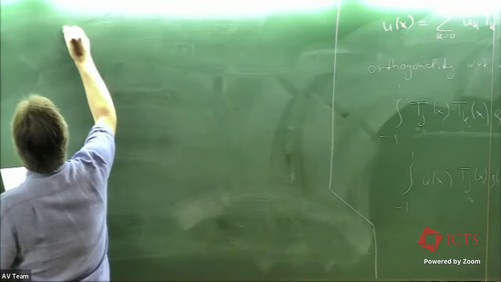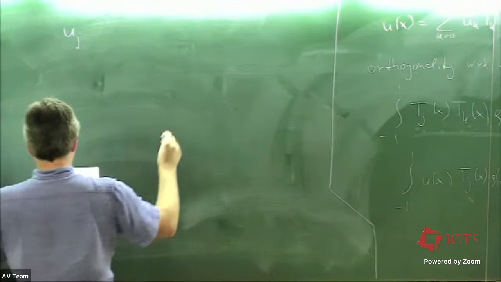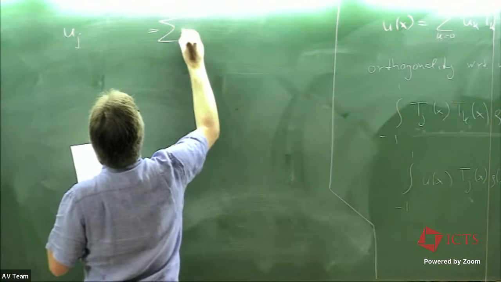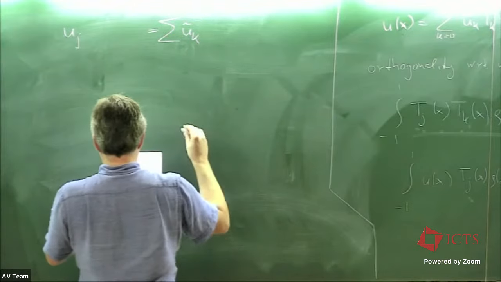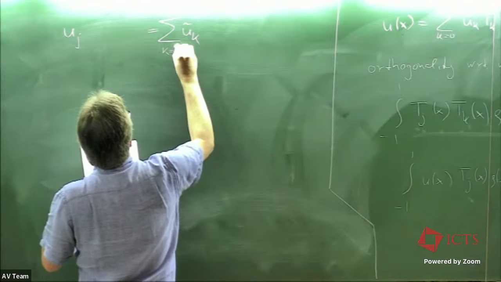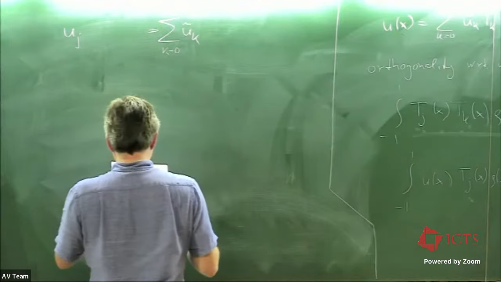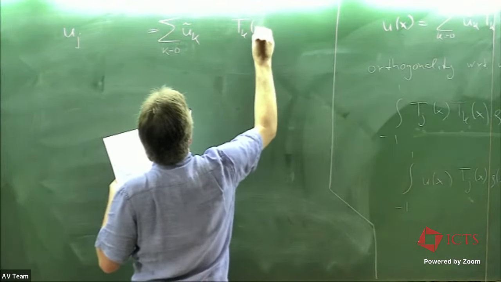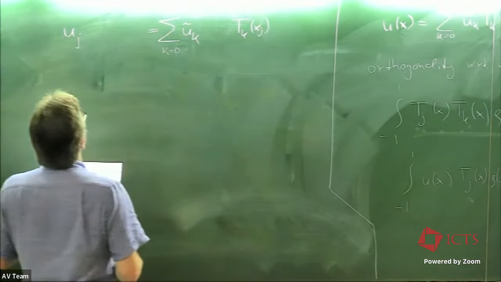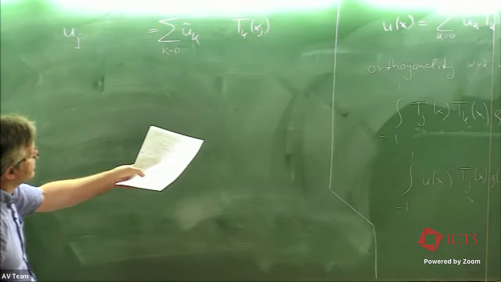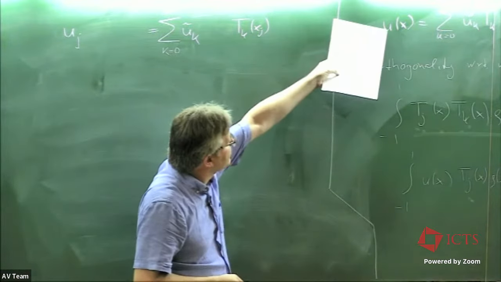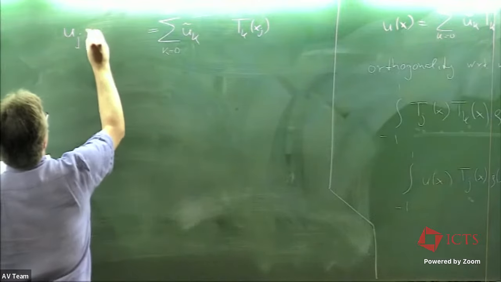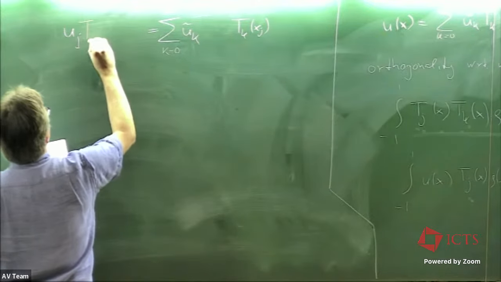So we have the u_j equals the sum over the u tilde_k, k equals 0 to n minus 1, and we have a T_k of x_j. So this is the defining function of our series expansion. And now we're going to add everything else we need to make this nice.